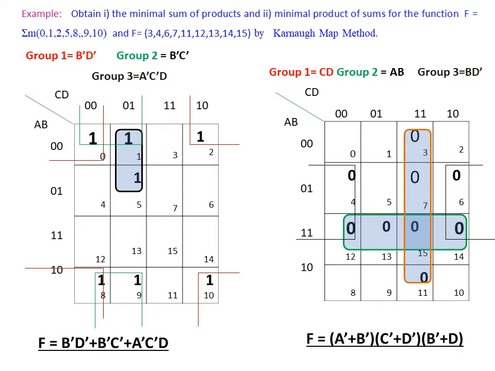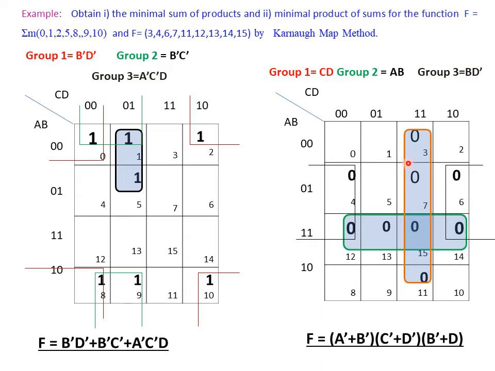Now for POS expressions, we have to write zeros in the corresponding cells. This is our question. I am writing the equivalent zeros in each cell. Then I am looking at the groupings. Now these four cells we can group, and these four cells also we can group. Then these two and these two I'm grouping.